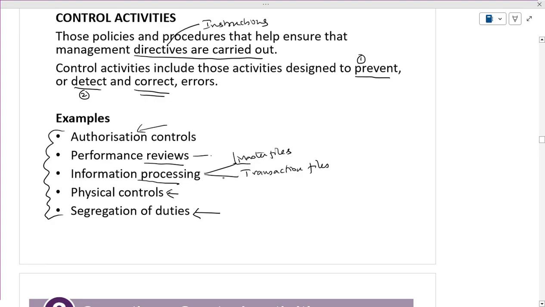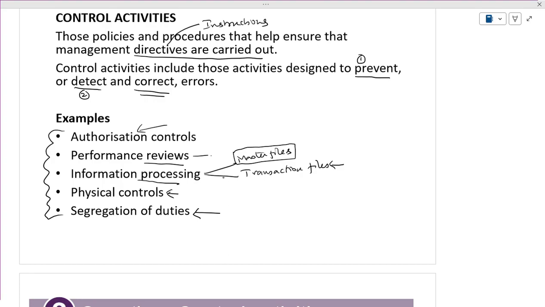Master files are very restricted ones. These files should not be accessed without authorization, whereas transaction files have limited access to a particular authority. The staff can access transaction files, but everyone cannot access master files.